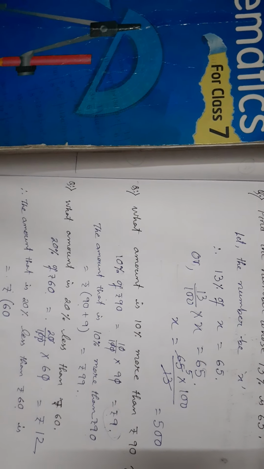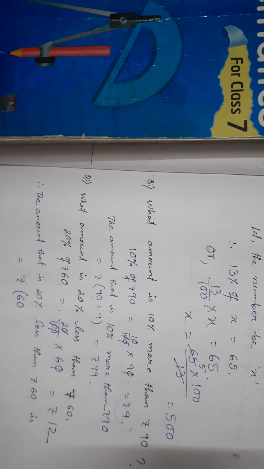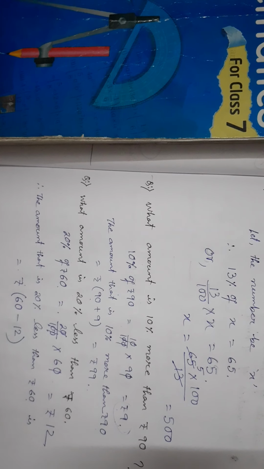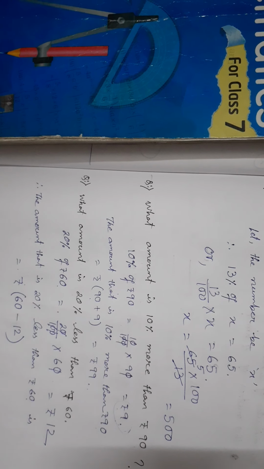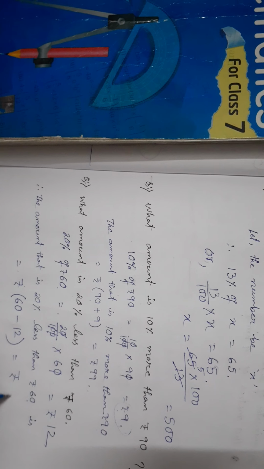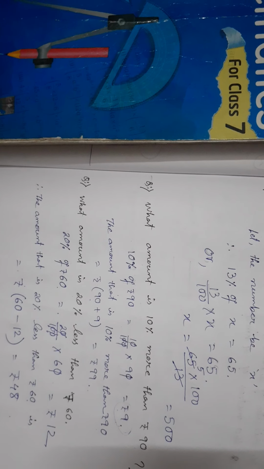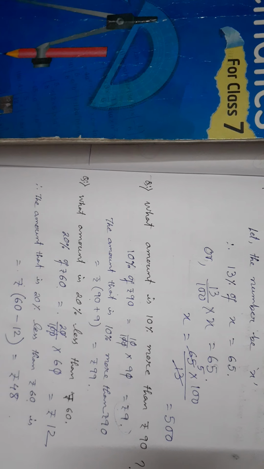So we are calculating in this way, that rupees 60 minus 12 we have to do in that case, right? Because rupees 12 is 20% of 60. So when we subtract, we will get the answer, and it will come rupees 48.